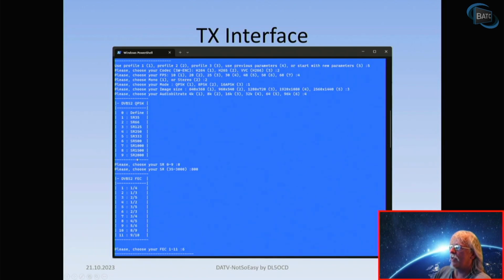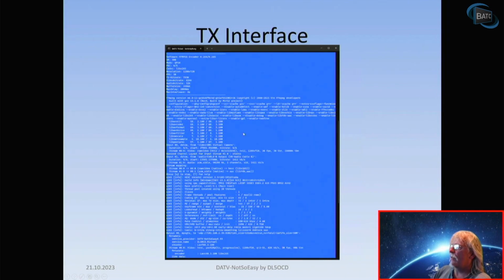You can choose the sample rate, the FEC. And when you're all done with this, DATV Not So Easy starts, and the decoder or the encoder gives you some basic outputs, information about the status of FFmpeg.